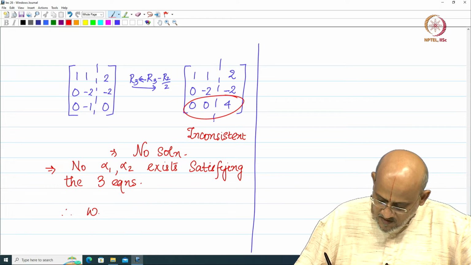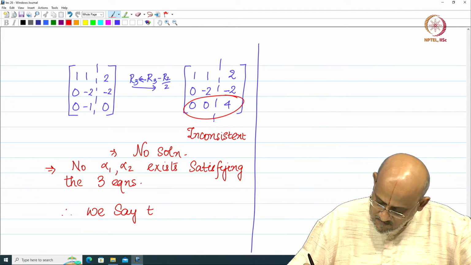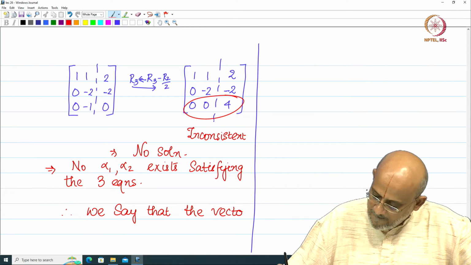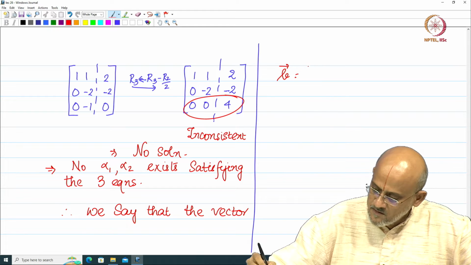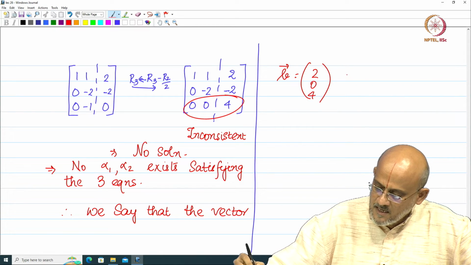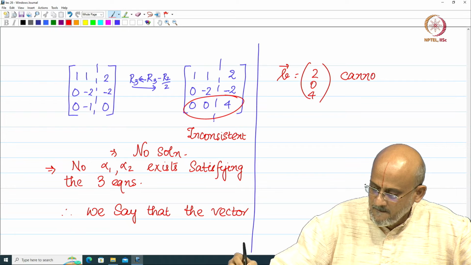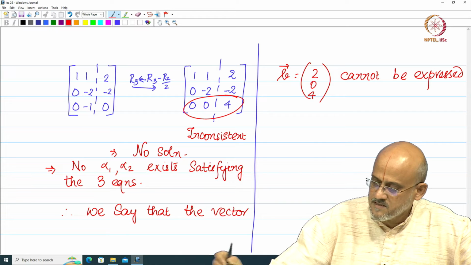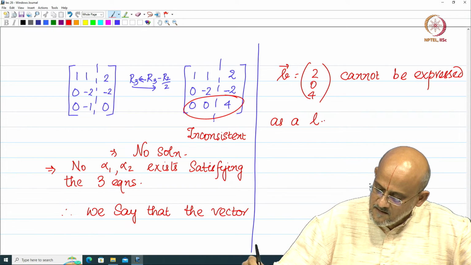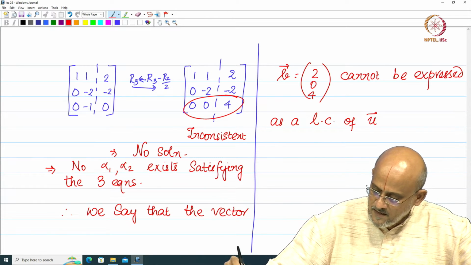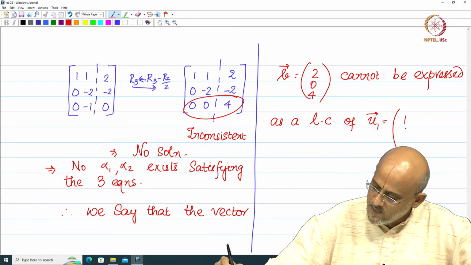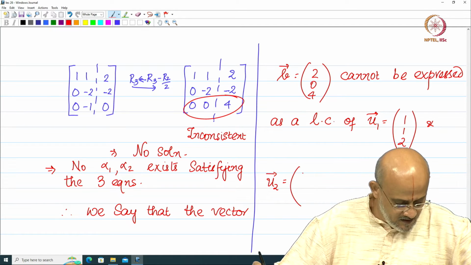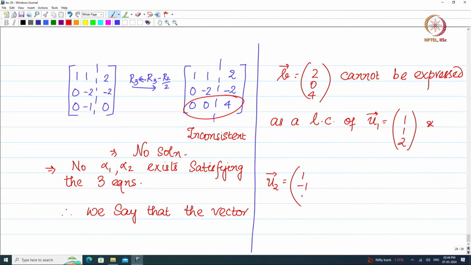Therefore, we say that the vector B, which is 2 0 4, cannot be expressed as a linear combination of u1, which is the vector 1 1 2, and u2, which is the vector 1 minus 1 1.